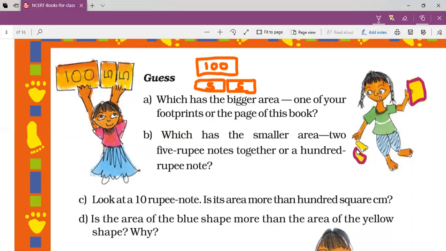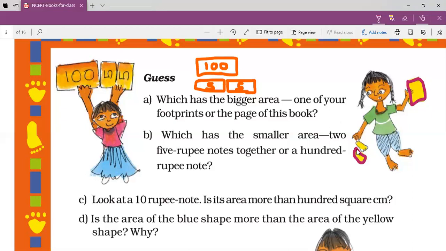For this you can draw your footprint on the floor, take a page of the book and try to observe which has the bigger area. But according to my observation, I feel that the book page has a bigger area as compared to the footprint.